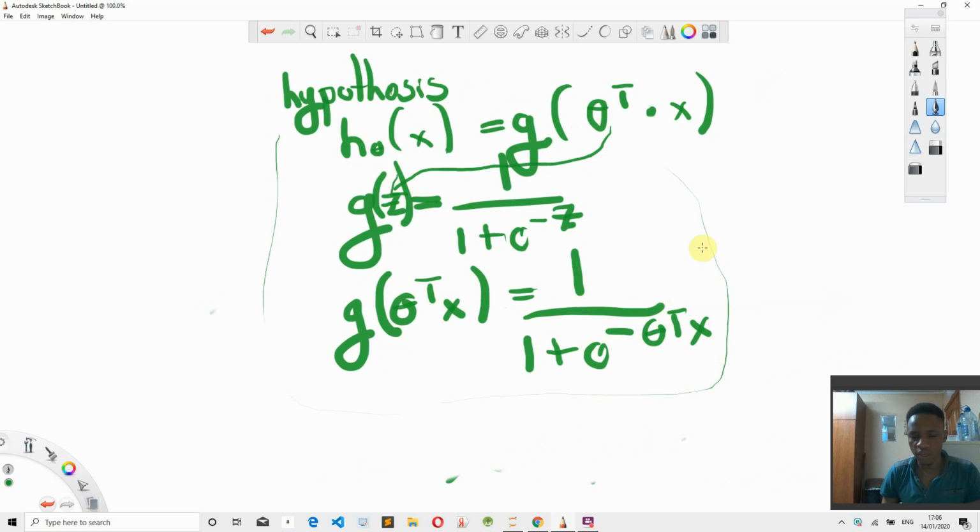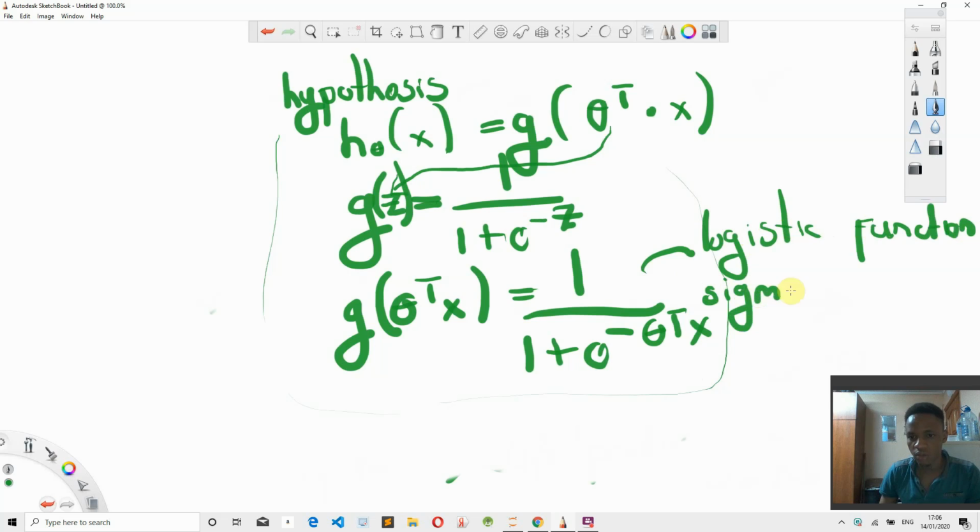So let me draw the logistic function. This is called the logistic function, or the sigmoid function. Let me draw the graph for this function.